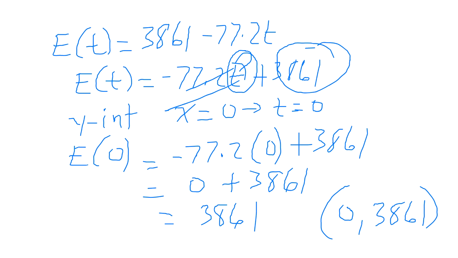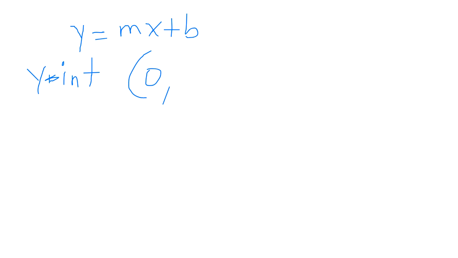So anytime you have y equals mx plus b, my y-intercept will be 0 for x, that we already know, and then I put my b here.